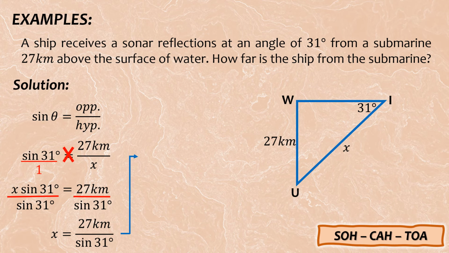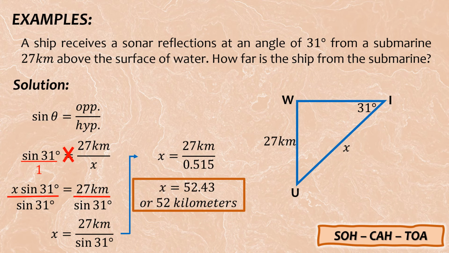So, press sine or SIN on the calculator, type 31. So, this will become 0.515. And then, divide 27 by 0.515. Therefore, the value of x, or the distance of the submarine from the ship, is 52.43 or 52 kilometers.